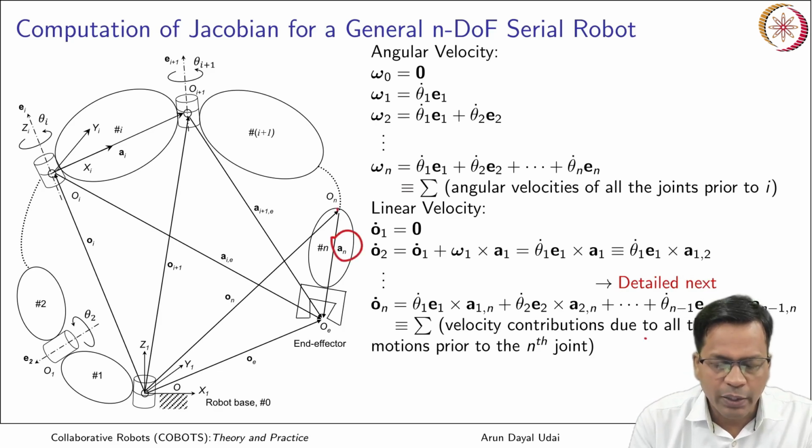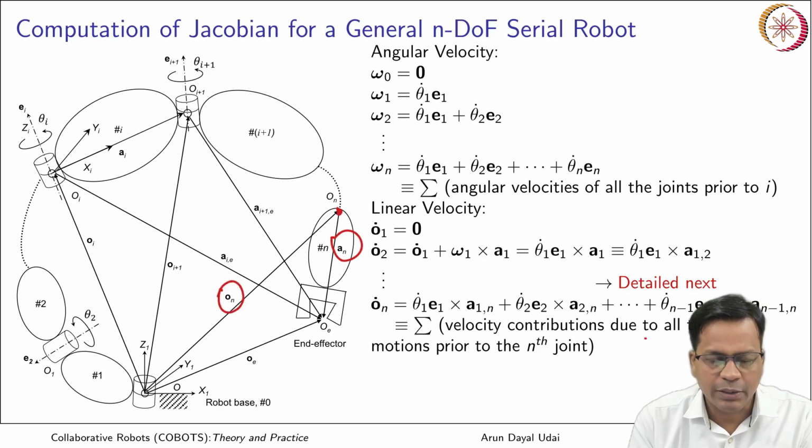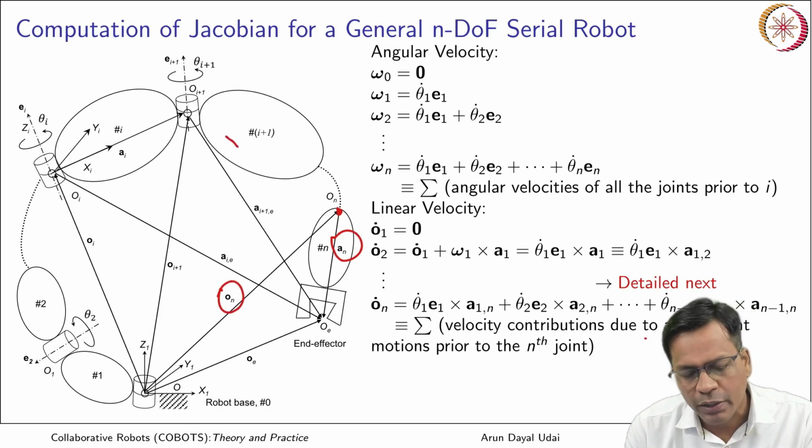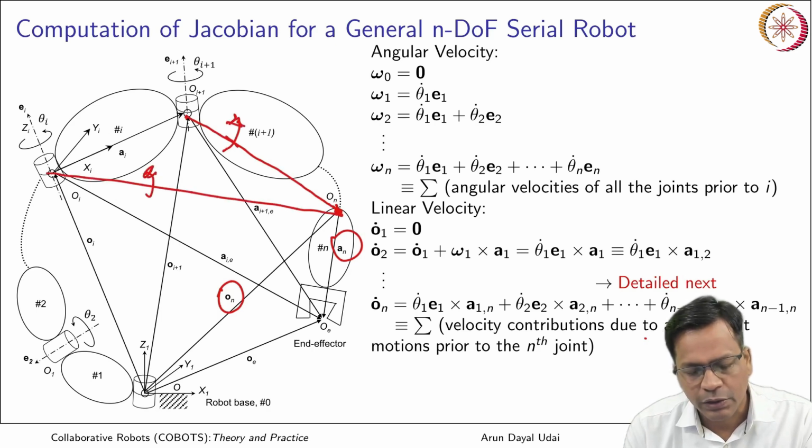So whatever is the linear velocity over here, it is because of rotation of all the links prior to this. So because of this angular velocity over here, because of this angular velocity over here, and because of all the links which are here.